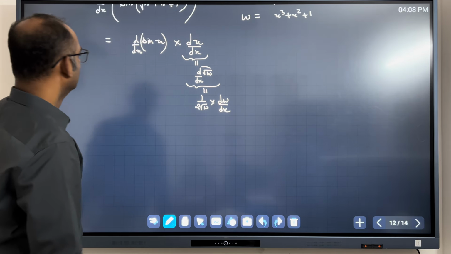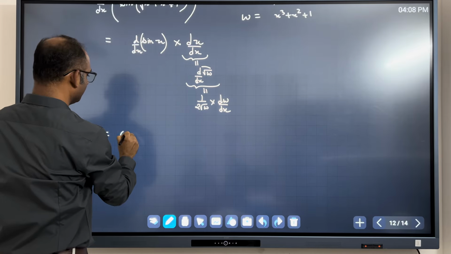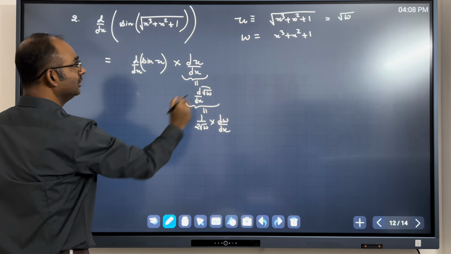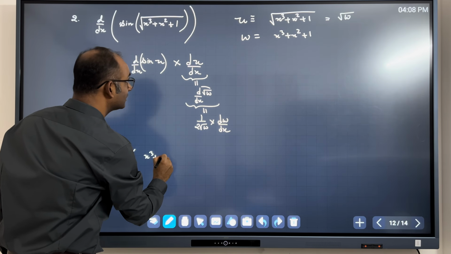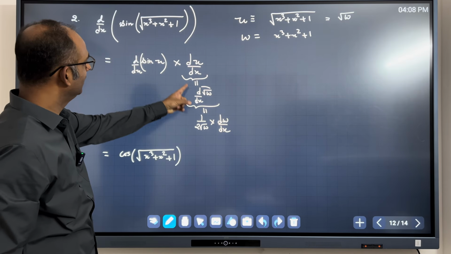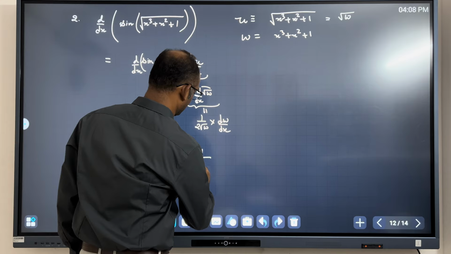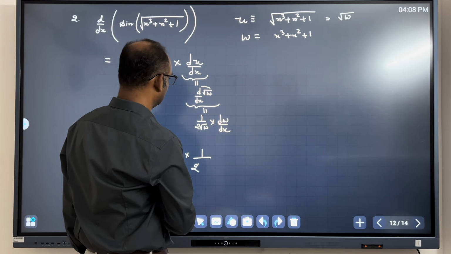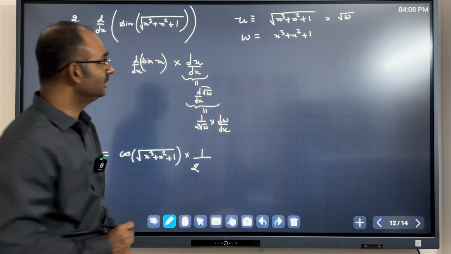I am here. So this is cos of u, but what is u? u is this, so the square root of x cube plus x square plus 1. Then I have 1 over 2 root w. What is root w? That is u. Yeah, that's u. Correct, no?